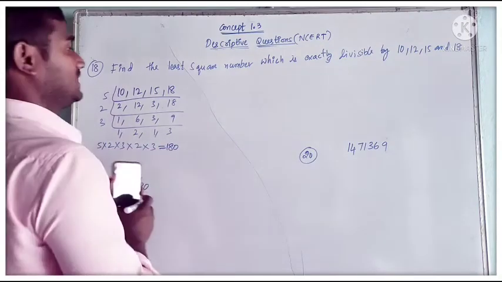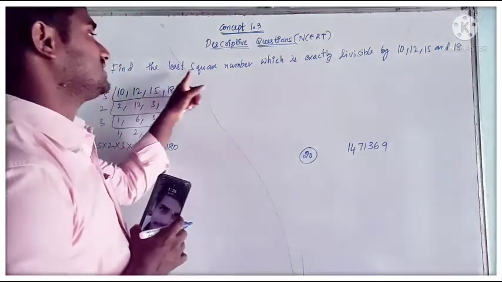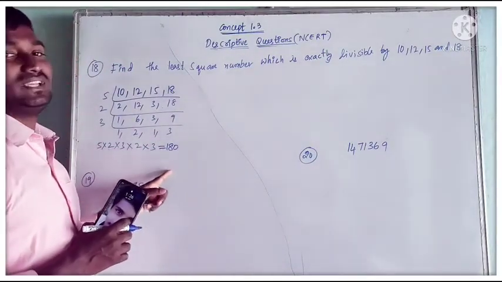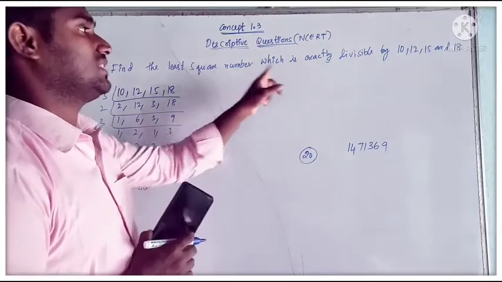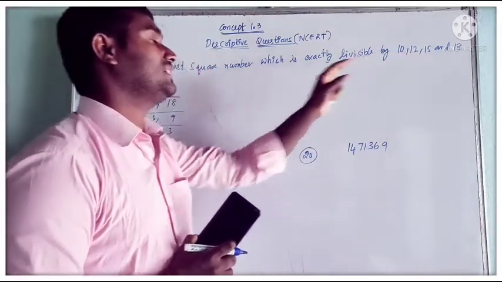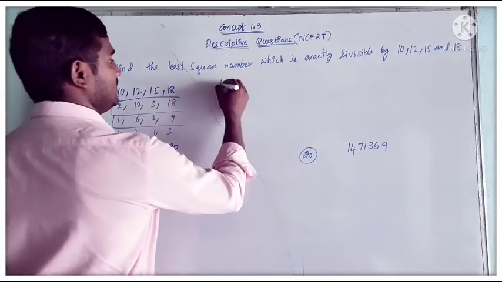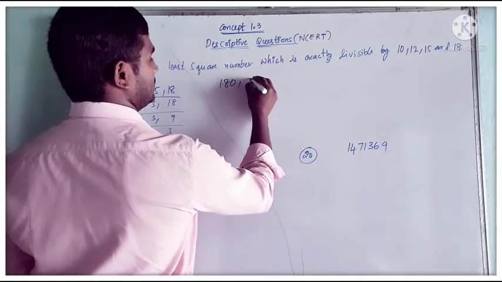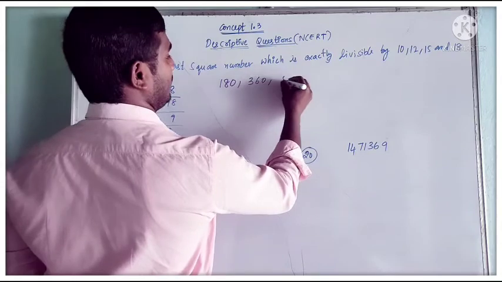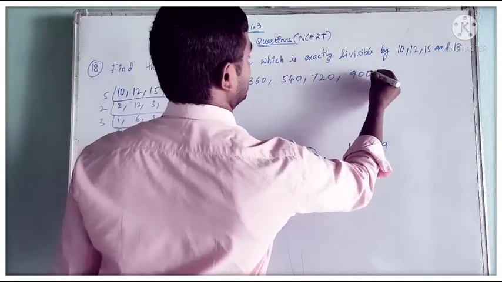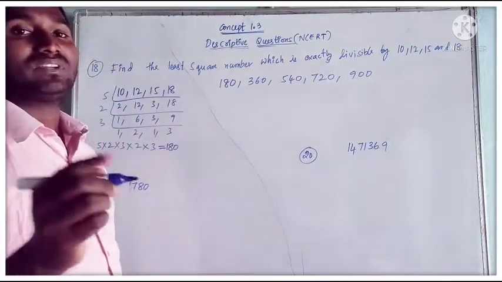So that least square number must be a multiple of 180. Then only the required square number will be divisible by these 4 numbers. So write the multiples of 180: 180, 360, 540, 720, 900. So 900 is a perfect square number.